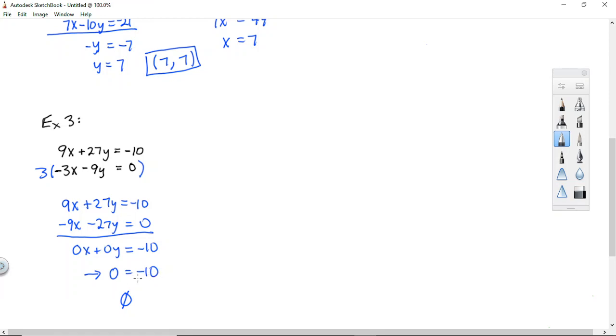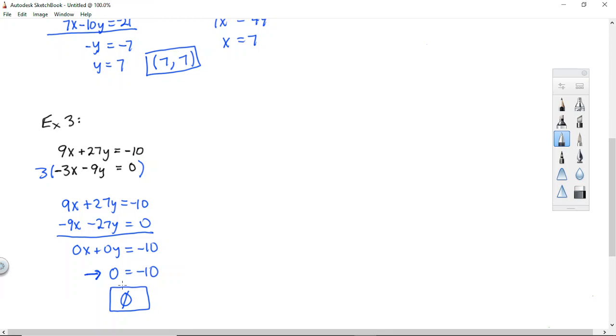So the statement 0 equals -10 is false regardless of what x and y is. So the solution set, the set of ordered pairs that would make that thing true, is the empty set. So that is the answer.